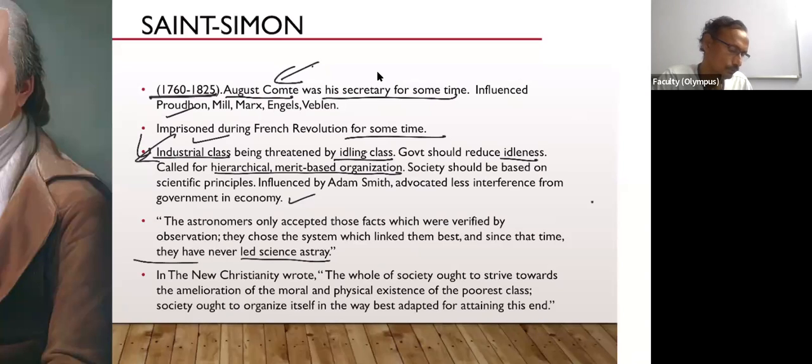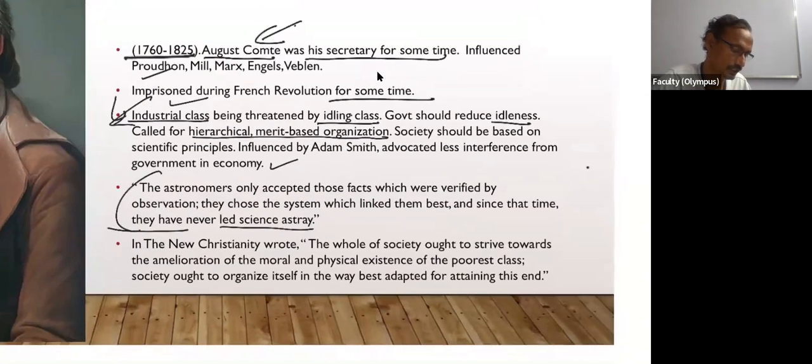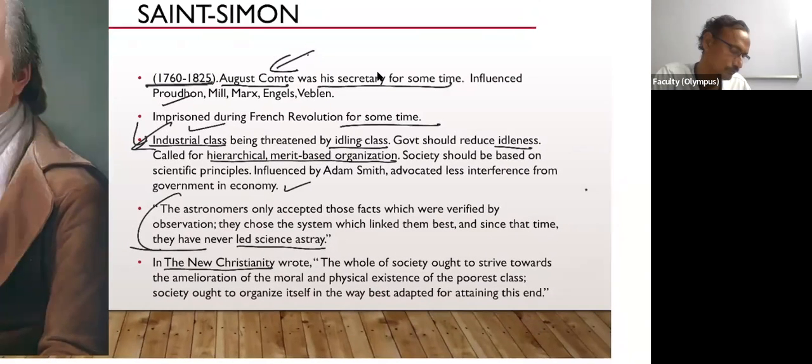Okay, so what is socialism? Socialism is about the concern for the workers, plus here, in Saint-Simon's approach, a scientific approach. And then he believed that the system should work for the less privileged. In one of his famous statements, in his book New Christianity, he wrote: the whole of society ought to strive towards the amelioration of the moral and physical existence of the poorest class.